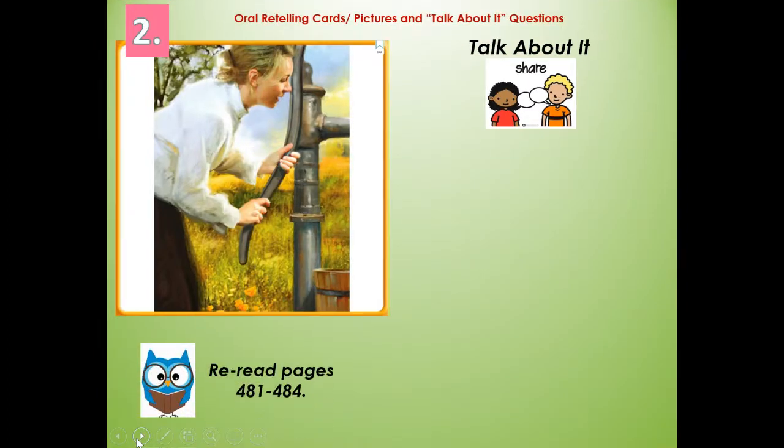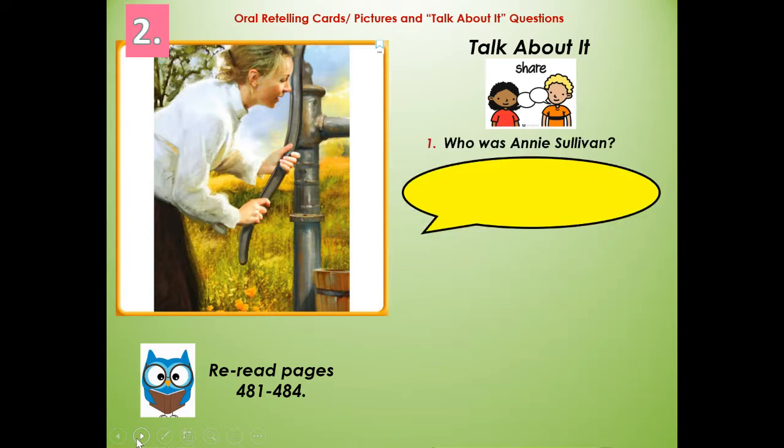Number two, you can reread about this major event in our Journeys textbook on pages 481 to 484. And the question is, who was Annie Sullivan? So you can answer it.